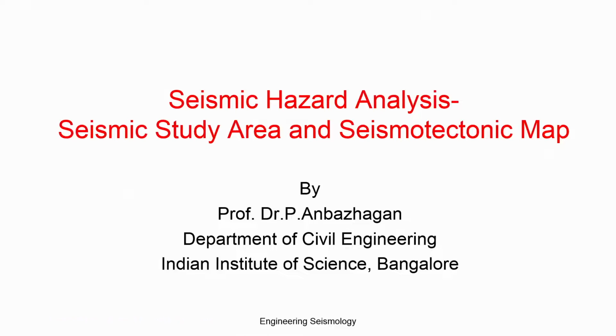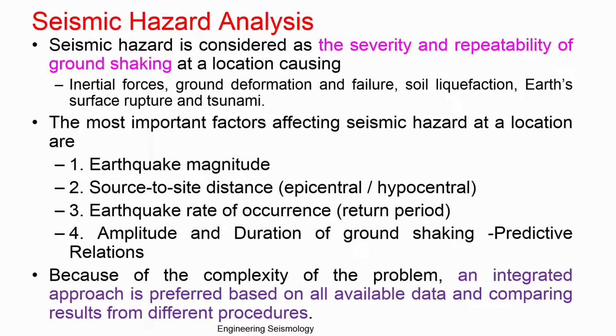The seismic study area basically helps to compile the required information for the seismic hazard analysis, to represent your hazard in the form of severity and probability of ground shaking. The information that can be compiled includes the earthquake magnitude, the distance (epicentral, hypocentral), the earthquake rate (the recurrence model or return model), amplitude, duration, and ground shaking predictive equations.